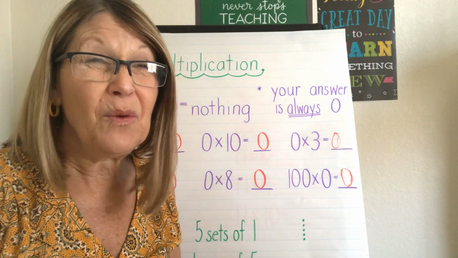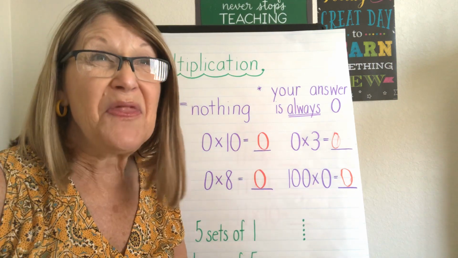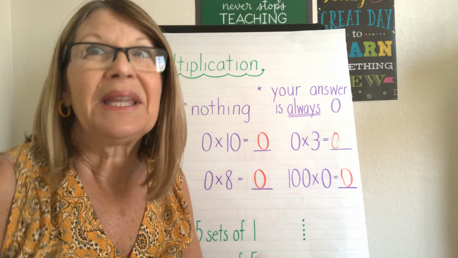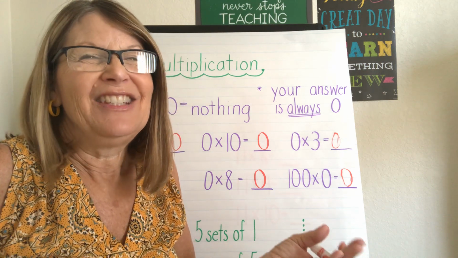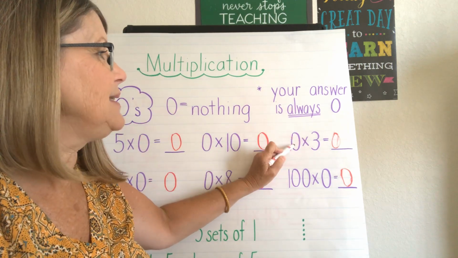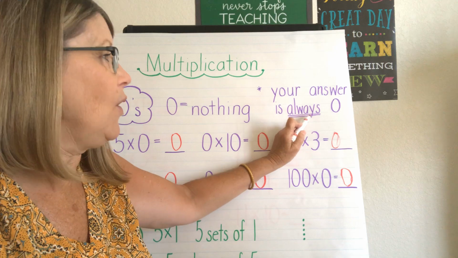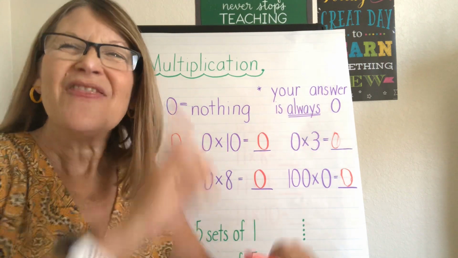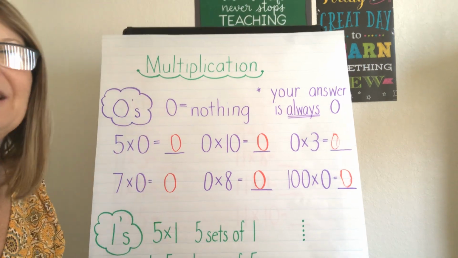What about 10,000 times nothing? It would be nothing, right? So anytime you're multiplying a number by 0, your answer is always, always, always going to be 0. That's our trick for multiplying by zeros.